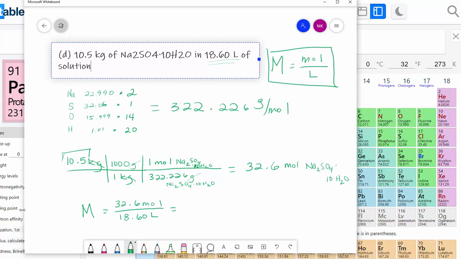So I take 32.6 divided by 18.6, and I'm going to say that this should be 3 significant digits: 1.75 capital M molar is going to be my answer, because I had 3 significant digits in this measured quantity. This measured quantity has 4 significant digits, but my answer is going to be bound by the 3 sig figs here. Hope that helps.